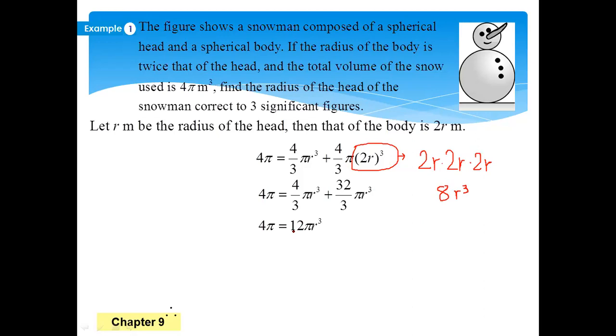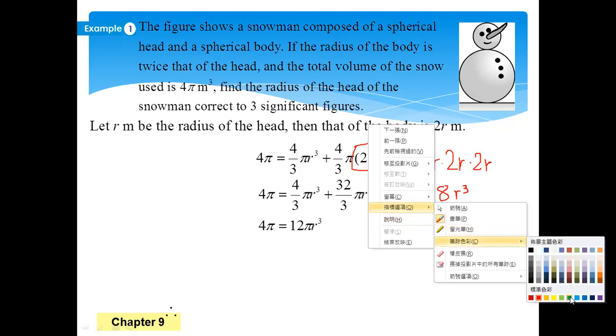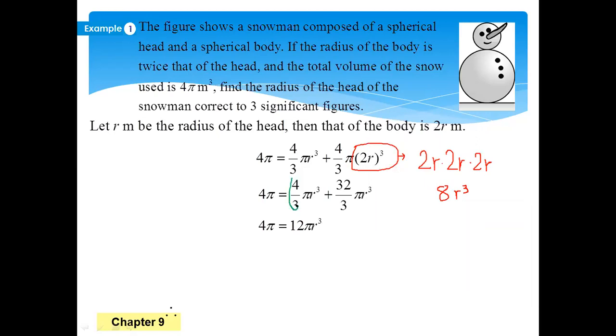Then how come this 12? It is 4/3, 32/3, which is 36/3 pi r cubed. So therefore, divide 36 by 3, which is 12.